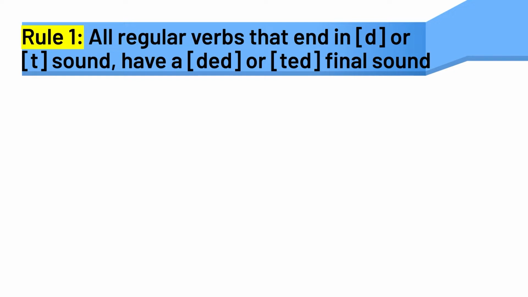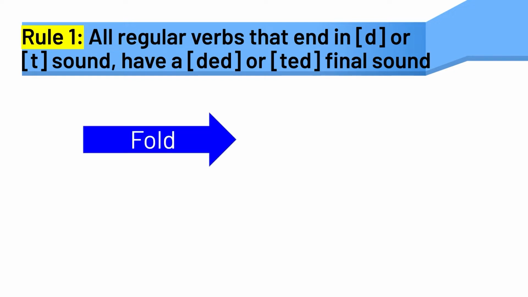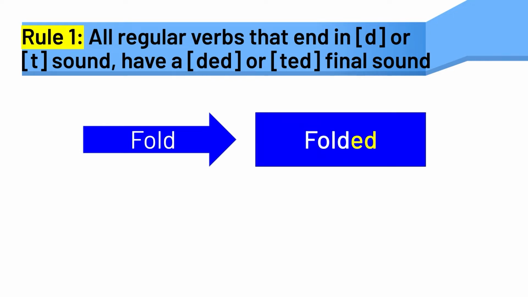sound. For example, the verb fold has a final d sound. Once you add ed, the past tense pronunciation is folded. You still spell the verb as folded, but you say it as folded. Here's another example, but this one ends in a final t sound.